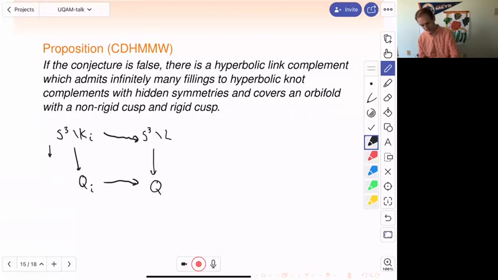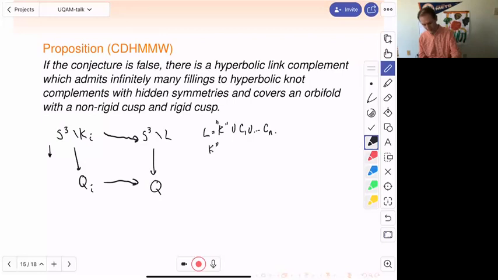And necessarily here, L is, I'll put it in quotes, it would be K, it would have a knotted component and then a bunch of other components.